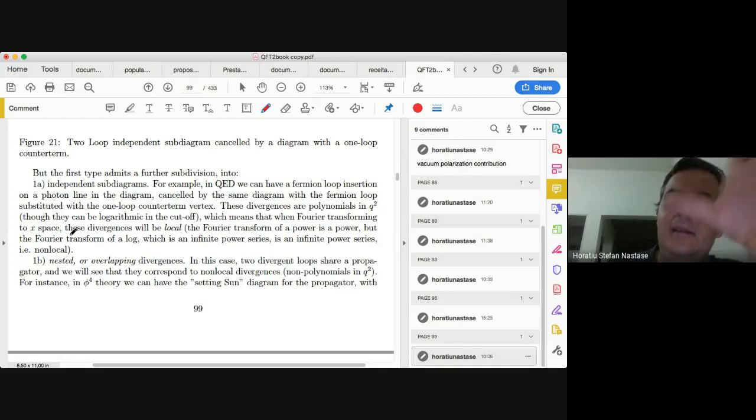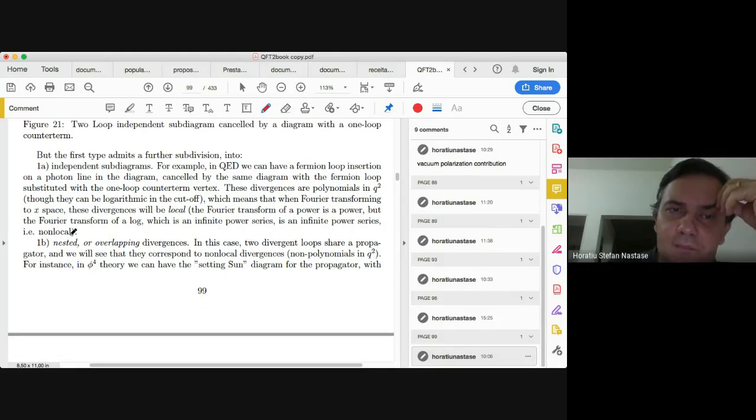That's non-local. It depends on x and x plus that thing, right? So to summarize, powers in Q squared mean local terms. Log in Q squared means non-local terms.